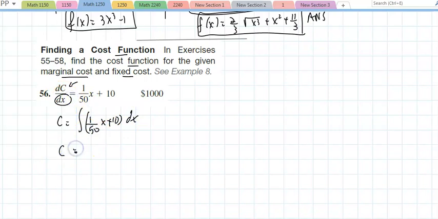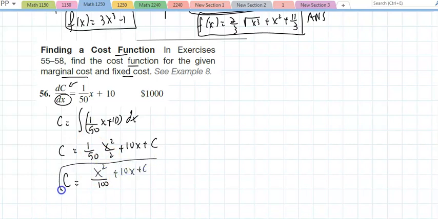So the cost function would be the 1 over 50 you ignore, add 1 to the power, divide by that, plus 10x plus c. So the cost function is actually 1 over 100, or x squared over 100, plus 10x plus c.